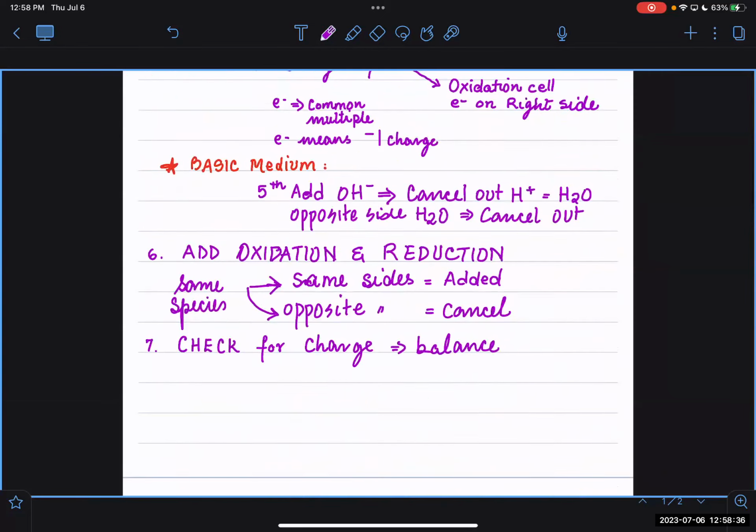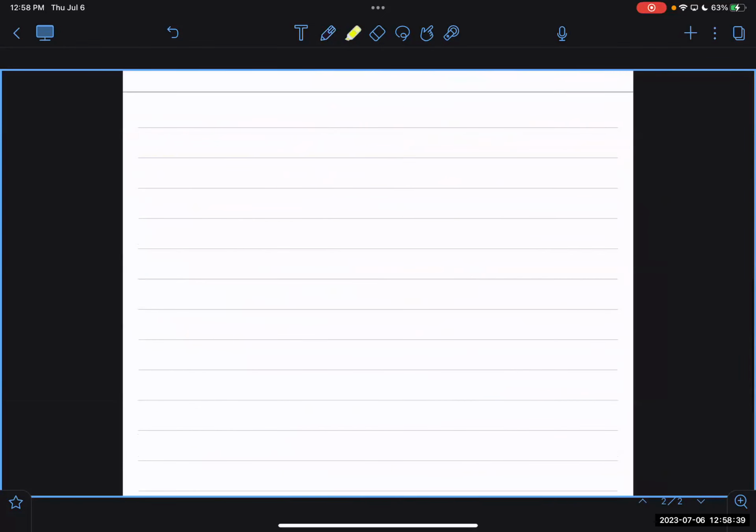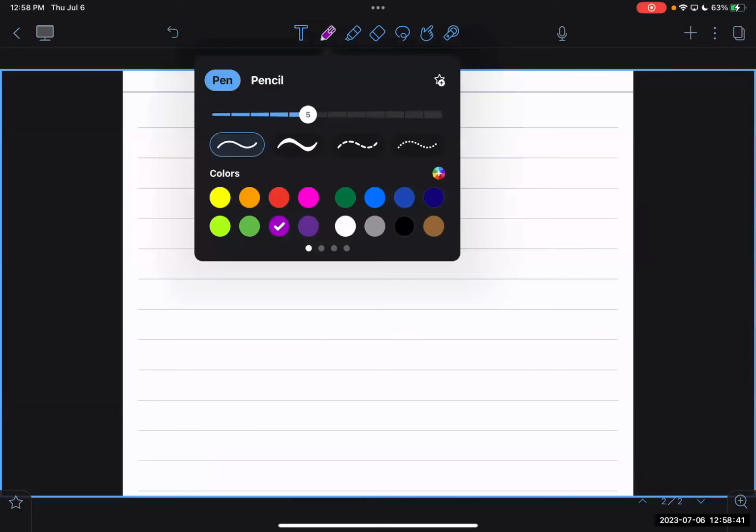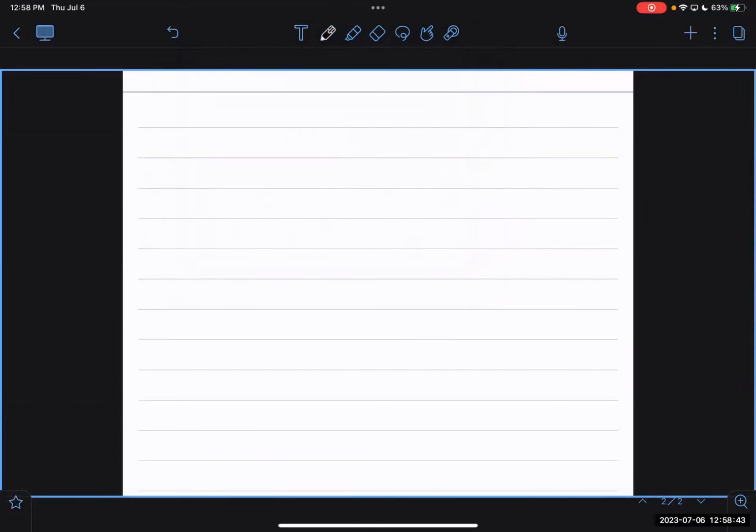Okay. Now, the problem that was given on the test, this test. So let's do this problem first in the acidic medium.